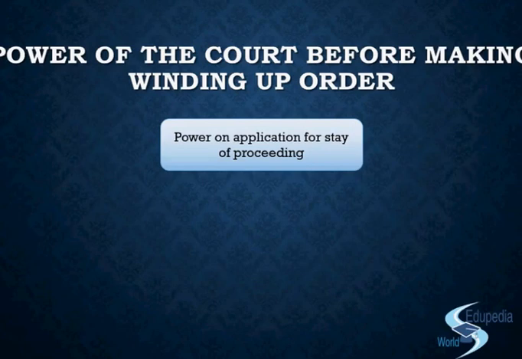Basically, if the case is pending with the high court or the Supreme Court, you will have to approach that respective high court or the Supreme Court, because no other court will have jurisdiction over their power in case of winding up. If it is with the high court, you cannot go to the Supreme Court and say, please put a stay on the power of the high court. No. If you want that high court to stay the proceeding, because this is a discretionary power of the court, you will have to approach that particular court itself.